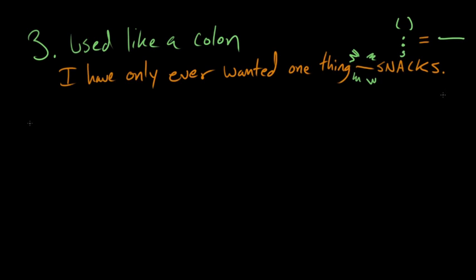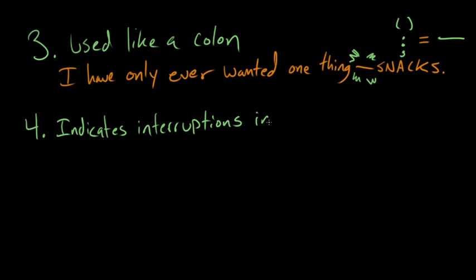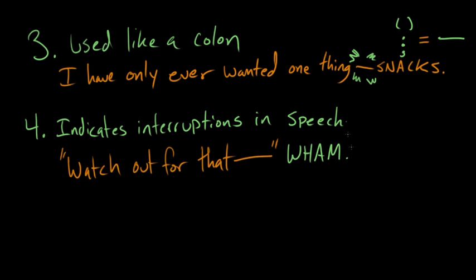Seriously, I'm very impressed. And the 4th use of the dash is, again, to indicate interruptions, but specifically to indicate interruptions in speech. This is like its own little special thing. It's not acting like anything else. Nope. Just indicating interruption, as it does. Watch out for that! Wham!